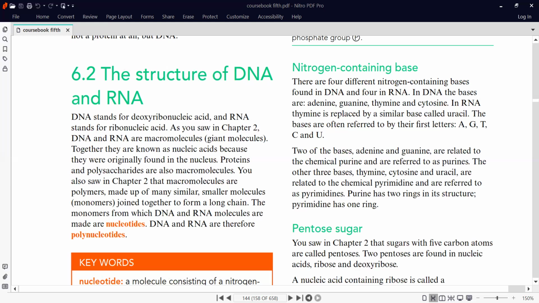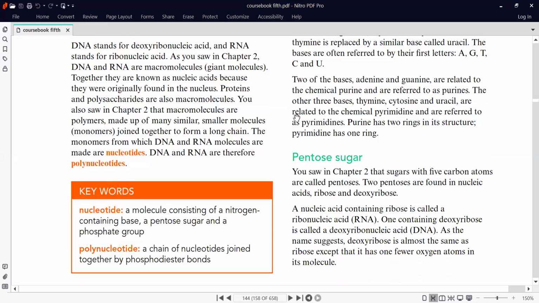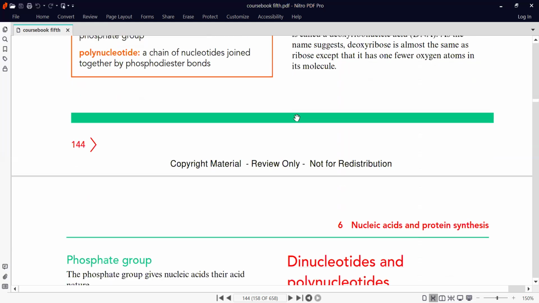So when they were thinking about the molecule of DNA, the screen is showing some problem. So again, we will see what DNA and RNA are made up of.